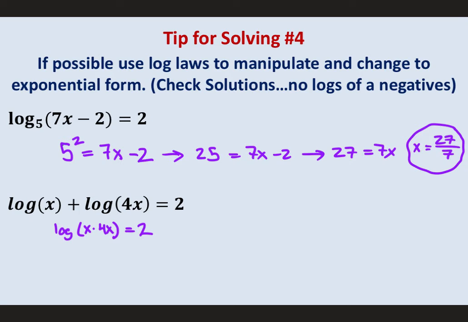So then we can change that into log base 10 of 4x squared equals 2. And then since it's a log base 10, we can change it into 10 squared equals the inside, which is 4x squared. Okay, so then we can change that into 100 equals 4x squared.